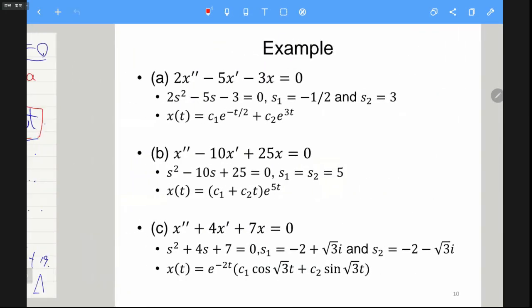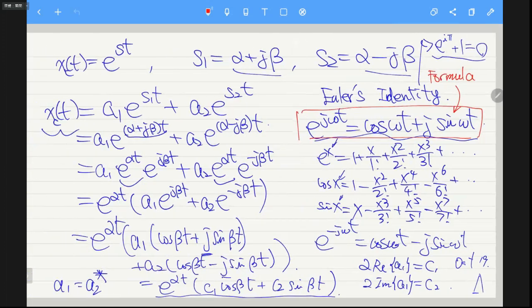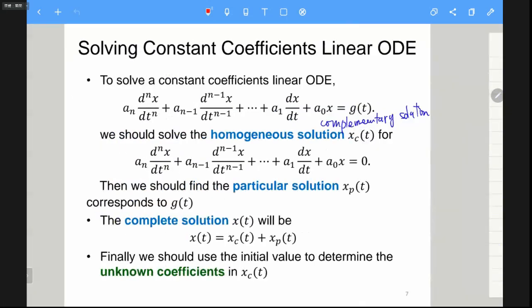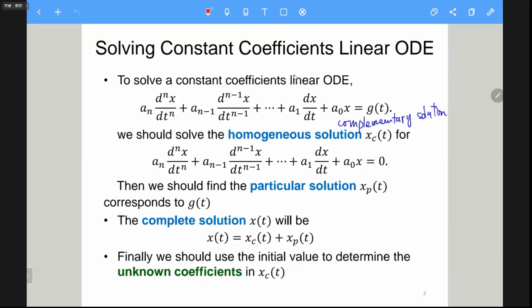we can briefly review what we actually need to do. When we try to solve the constant coefficient ODE, we try to make the right-hand side 0, and then we solve for the homogeneous solution, or the complementary solution. Then we try to solve for the particular solution.